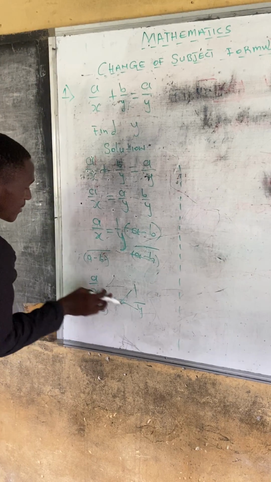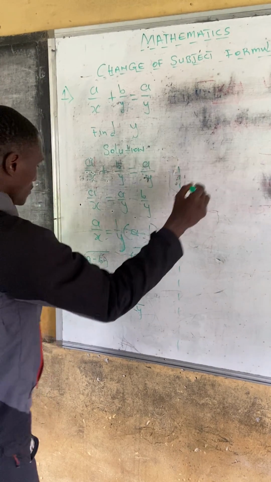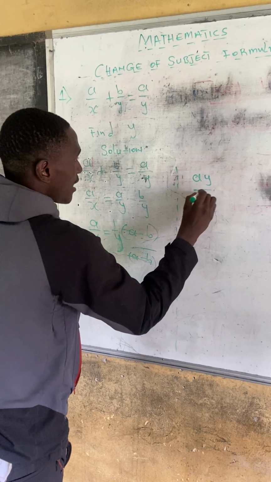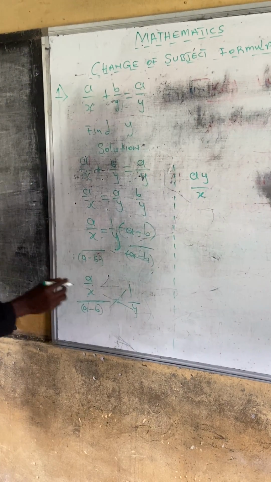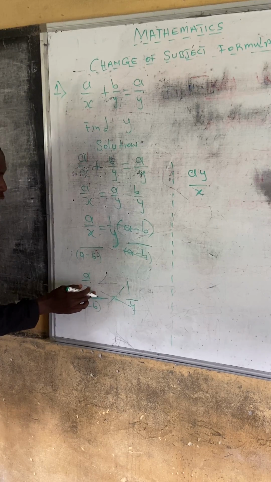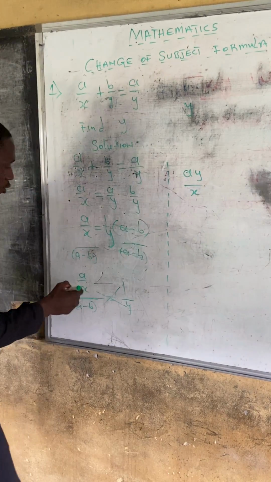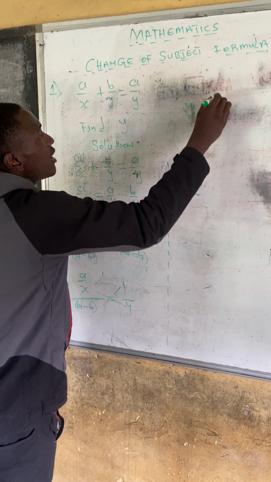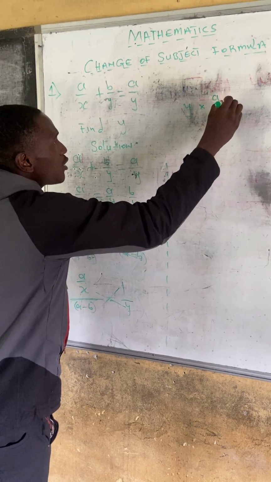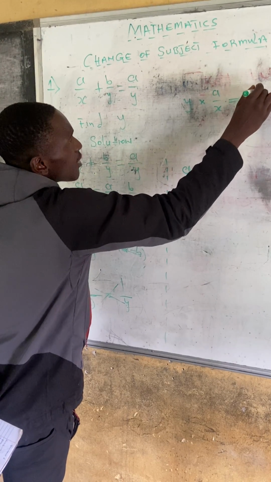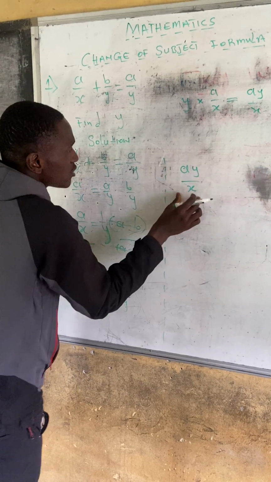So y times a over x will give us ay all over x. The reason is, whenever you are multiplying y to a over x, the y will be multiplied to the numerator, which will give us ay all over x, and that is what you are seeing here.